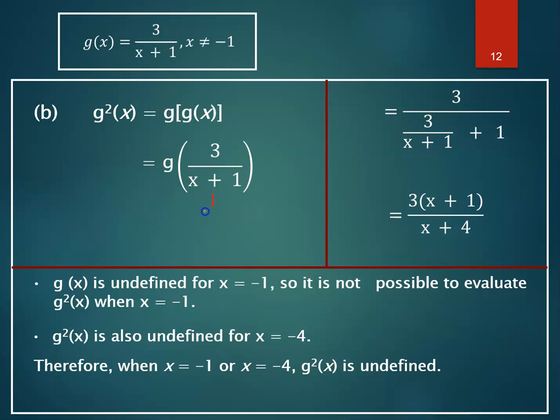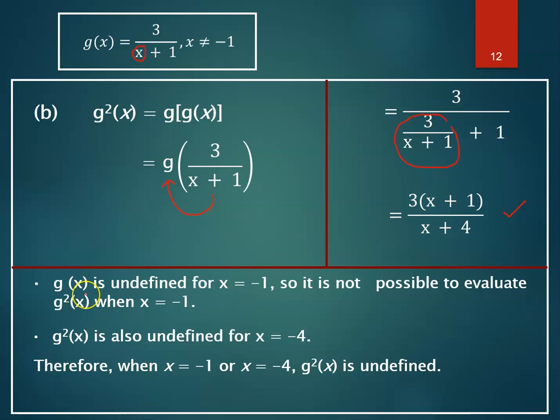Now you're going to substitute this into the g again. So what is your g? 3 over x. Now this x you're going to substitute with this whole thing again, 3 over x plus 1. And then you have plus 1, just write it down plus 1. So now you can solve for this, you get this one.